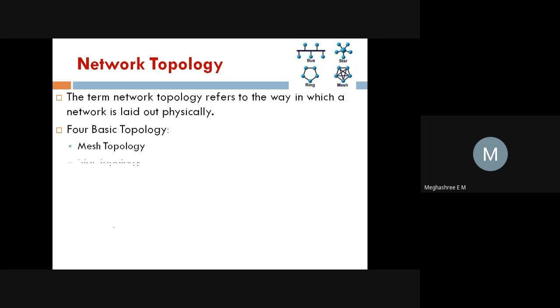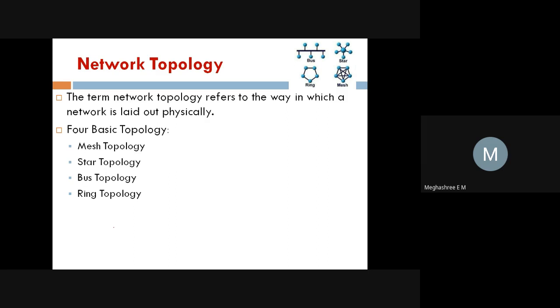One is mesh, second one is star, third one is bus topology, and the last one is ring topology. I will repeat again. The topology is the way in which the devices and the links are connected, and the representation of this we call network topology.